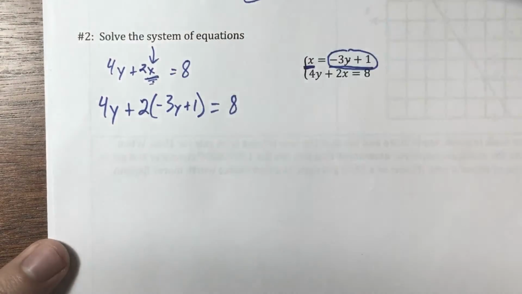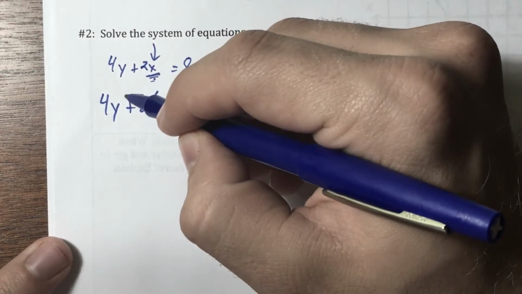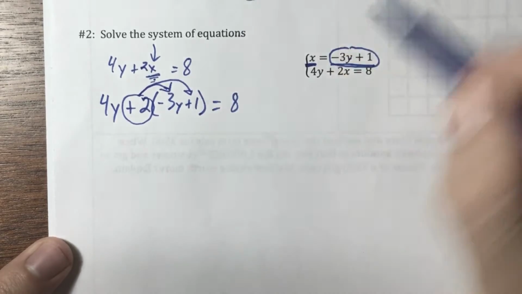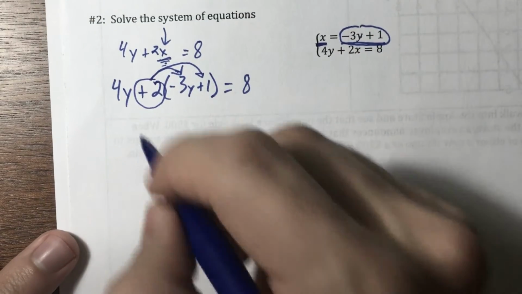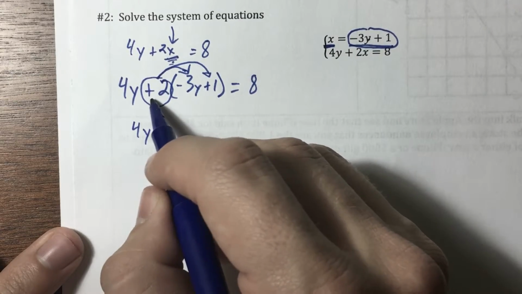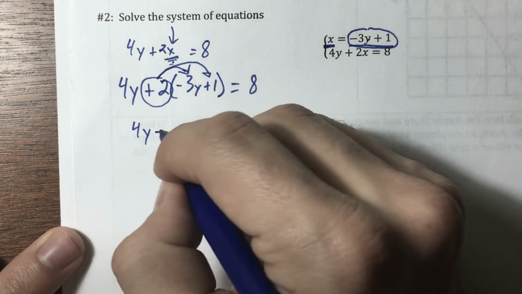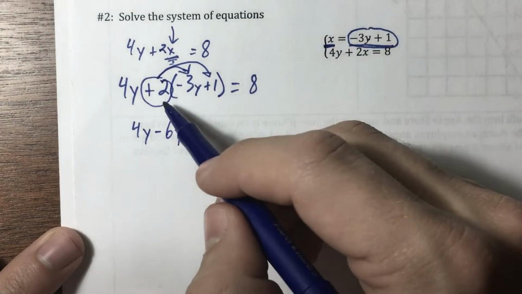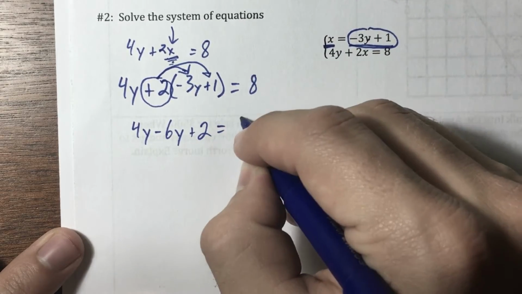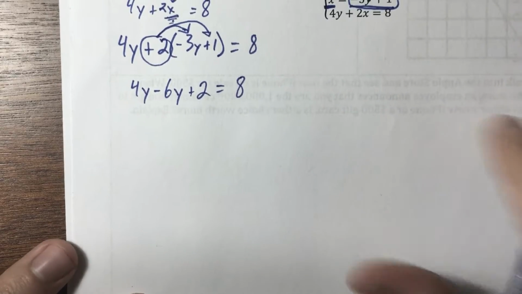Now we're ready to solve for the value of y, but we're going to need to use the distributive property here. So we can start solving. We can rewrite this equation as 4y. Positive 2 times negative 3y is going to give us negative 6y. And then positive 2 times positive 1 gives us a positive 2, equals 8.